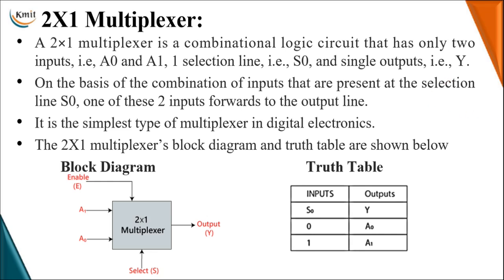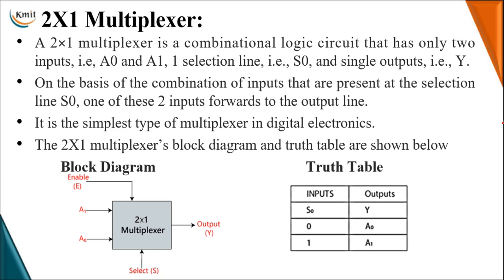It is the simplest type of multiplexer in digital electronics. Next, we will explain the operation and how to design the 2 to 1 multiplexer using a block diagram and truth table.